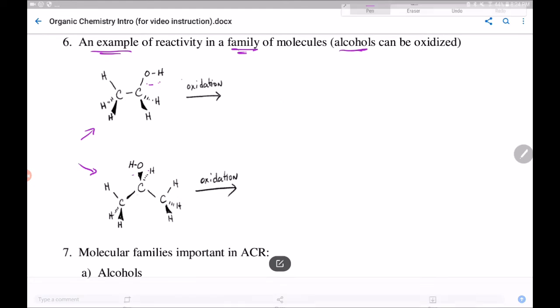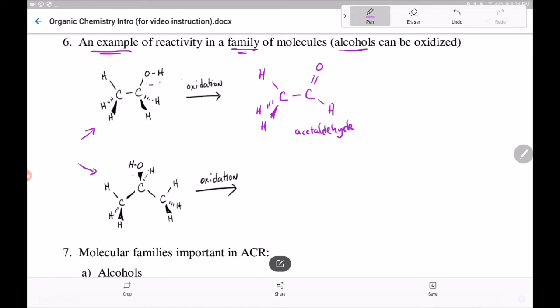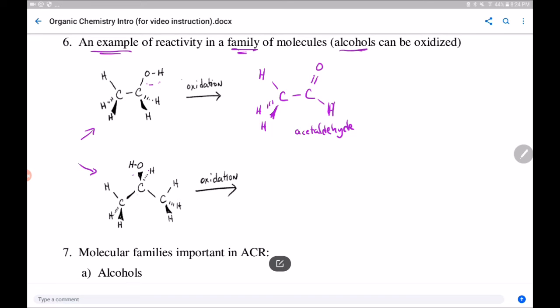When oxidized, the OH turns into a double bond to oxygen, and there is a loss of two hydrogens. That's what happens with ethyl alcohol. This molecule is called acetaldehyde, and it's an oxidation product of ethyl alcohol.